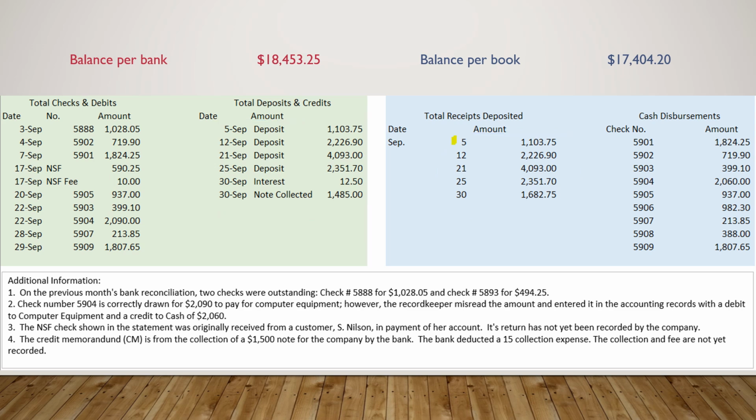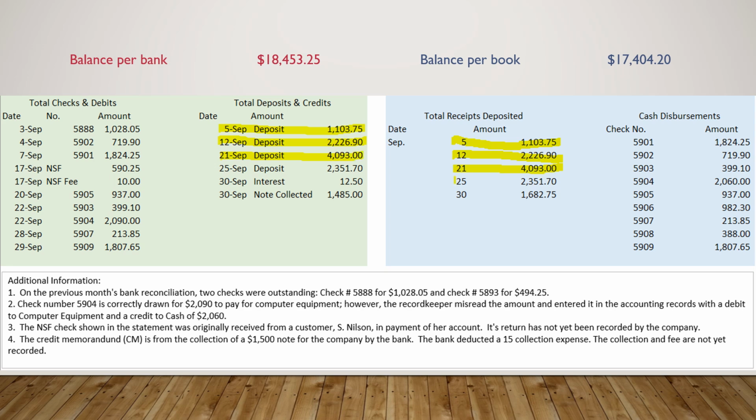On September 5th, we made a deposit of $1,103.75, and we see the deposit cleared that same day. On the 12th, we deposited $2,226.90. Again, that one also cleared on the very same day. On the 21st, we deposited $4,093, also cleared.